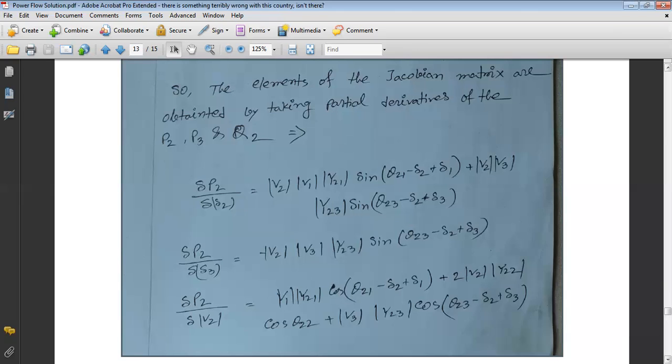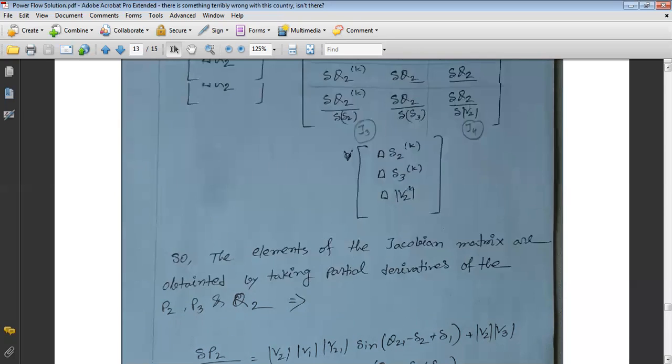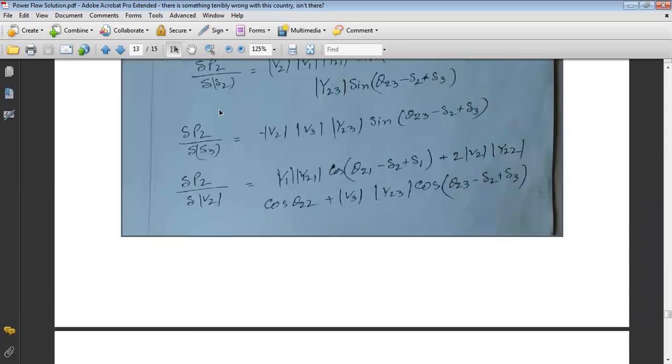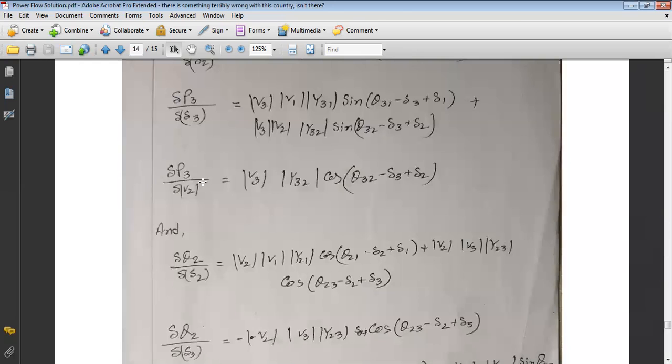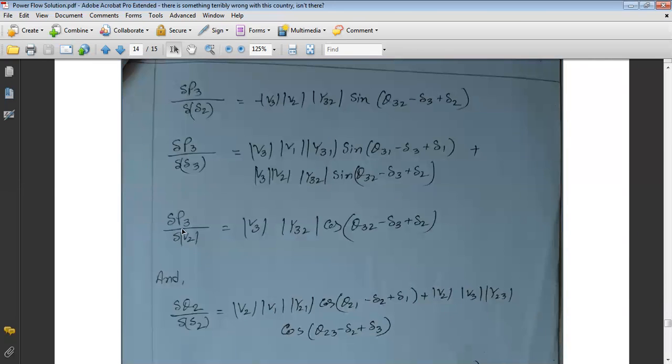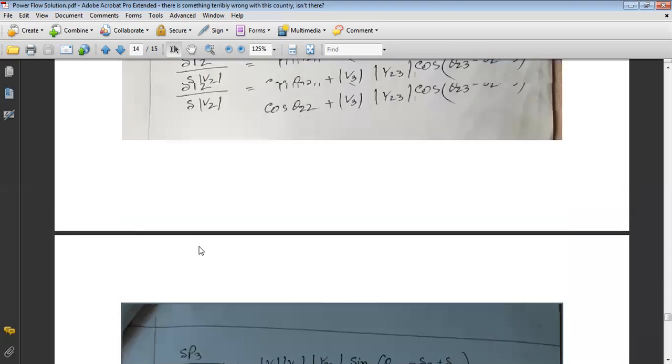At first we have to find the partial derivative equations, that is the Jacobian equations. There are 9 elements of this Jacobian, so we have to find these 9 equations. Let me show another equation, the partial derivative of P3 by del V2.